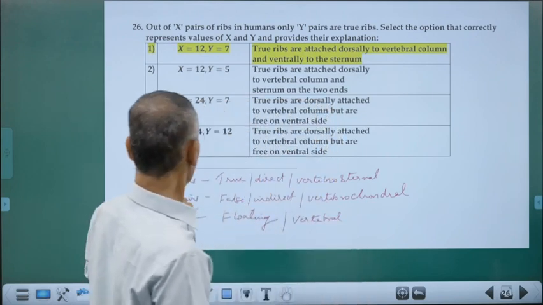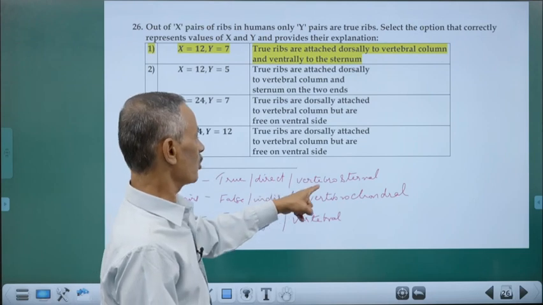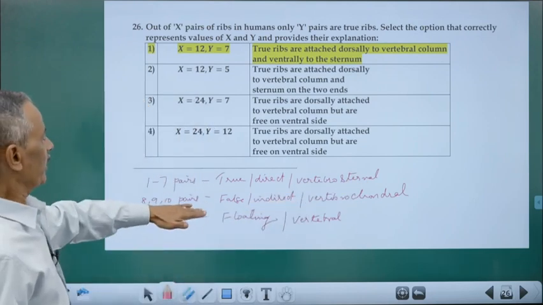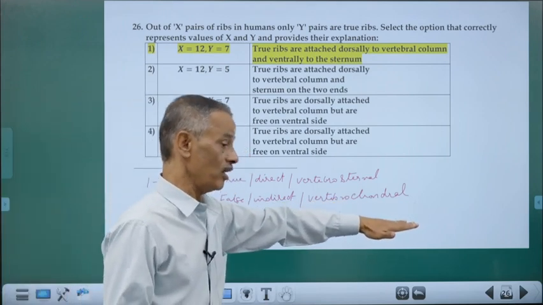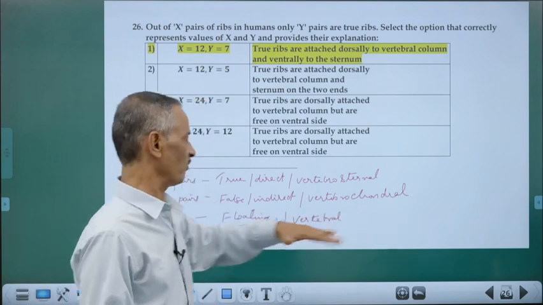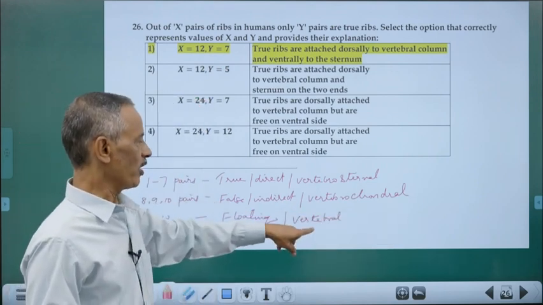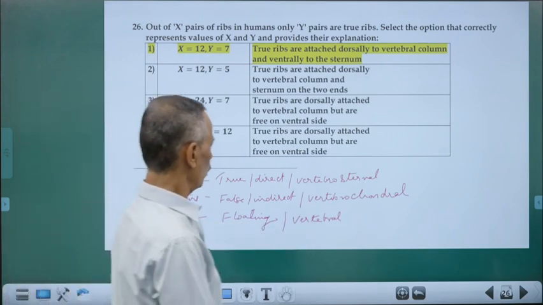First to 7th, true, are also called direct or vertebrosternal. The 8th, 9th, 10th pairs are false, indirect or vertebrochondral because they are connected to the cartilage of the 7th. The 11th and 12th are called floating ribs or vertebral ribs because they are connected only to the vertebra dorsally.